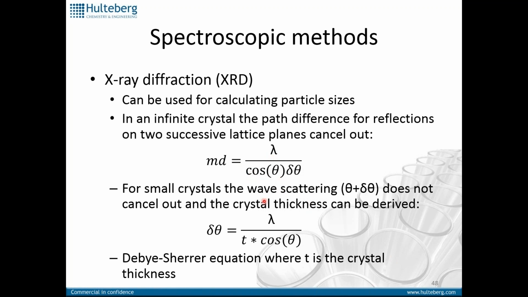But for small crystals, this will lead to a flattening of the curve, getting it less sharp and less defined, which can be used for calculating the crystal thickness using the Debye-Scherrer equation.